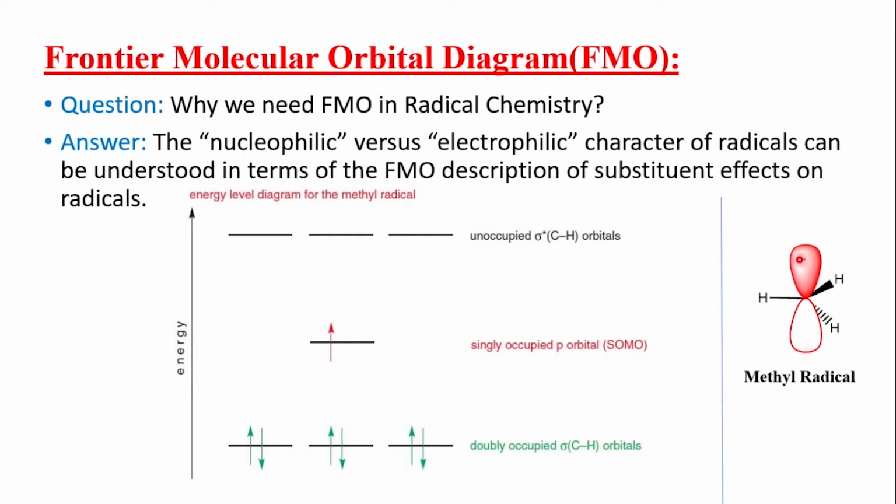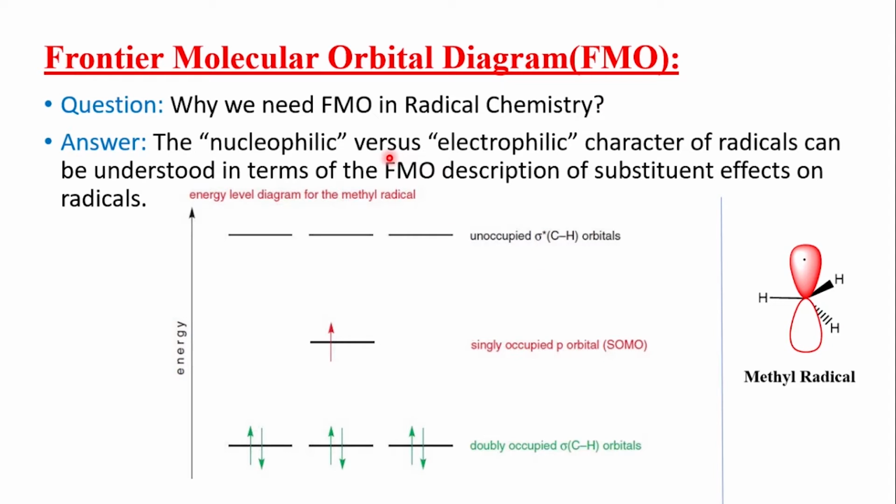While suppose this molecule is a methyl anion, due to two extra electrons in the p orbital it is called nucleophilic. While in the case of methyl radical, this is a mid of carbocation and carbanion.